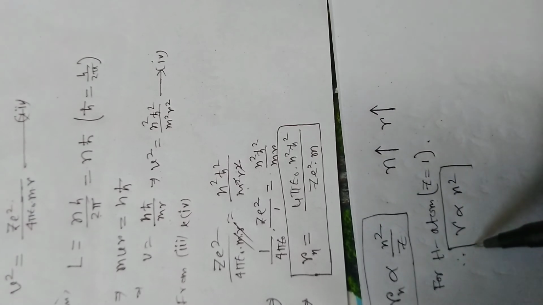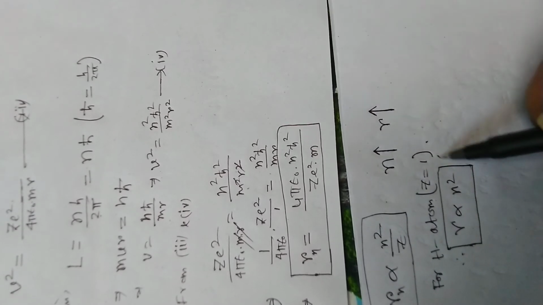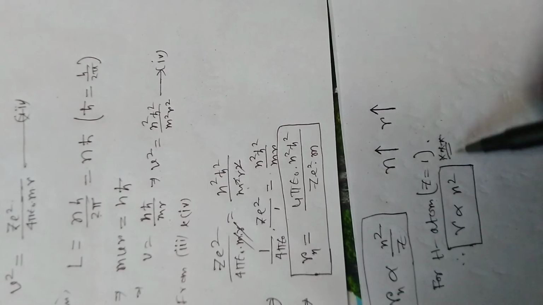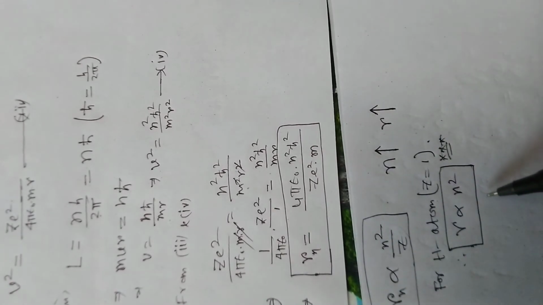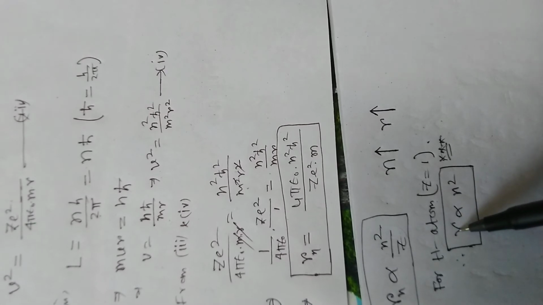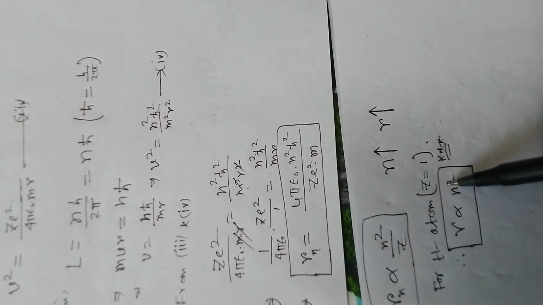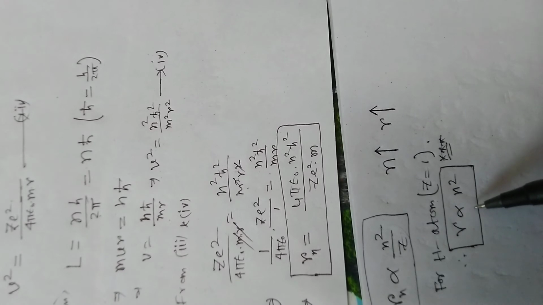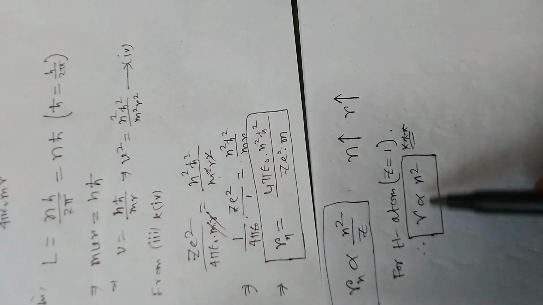And this question is very important. In your examination it is sometimes asked to prove or show that the radius of nth orbit is proportional to the square of the principal quantum number. So you have to prove this.